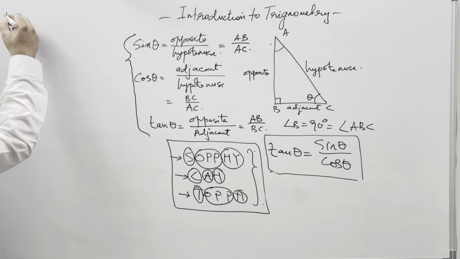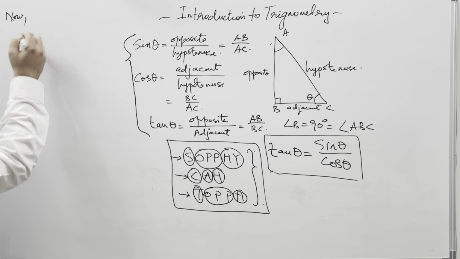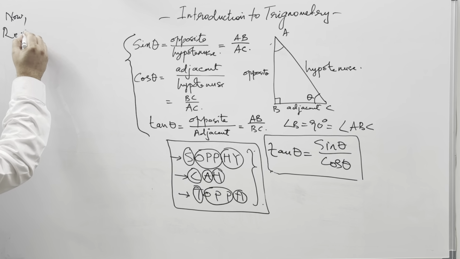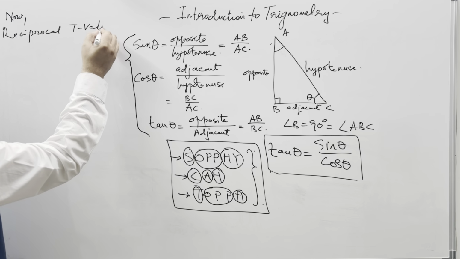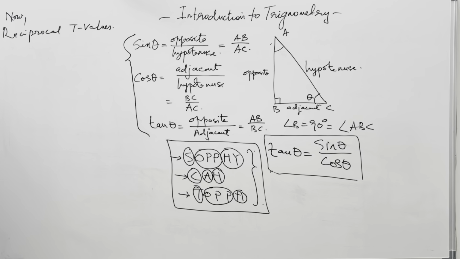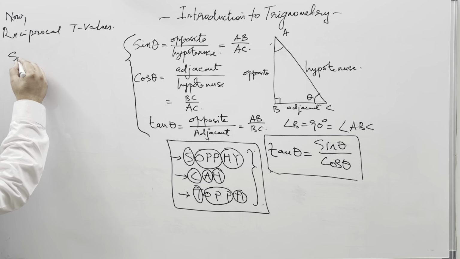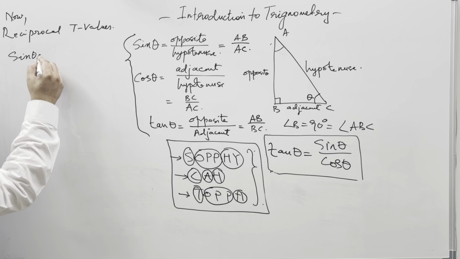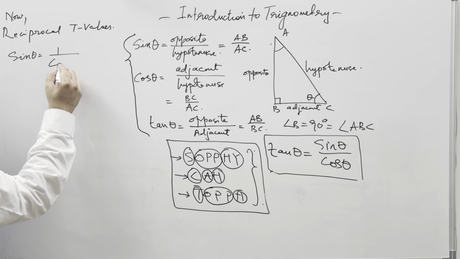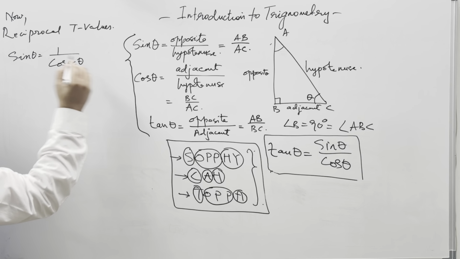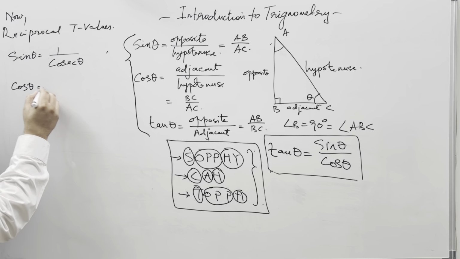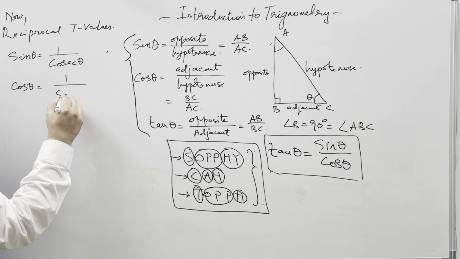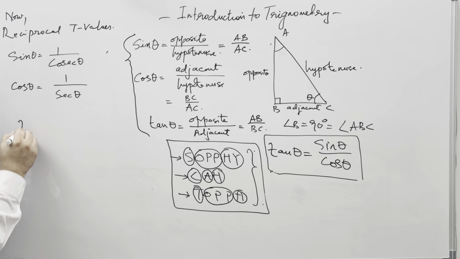Now we will see reciprocal values. It means sine theta is equal to 1 by cosec theta. Cos theta is equal to 1 by sec theta.